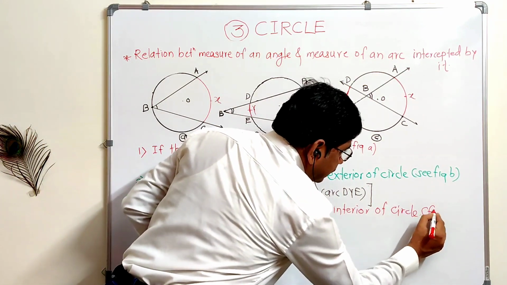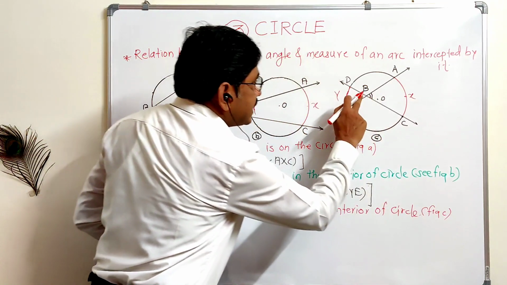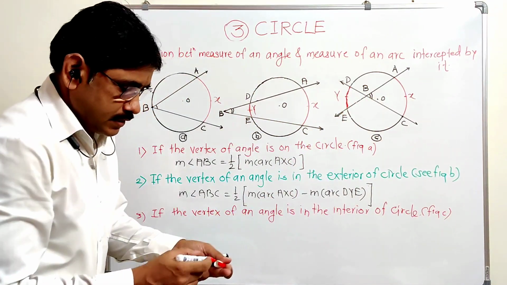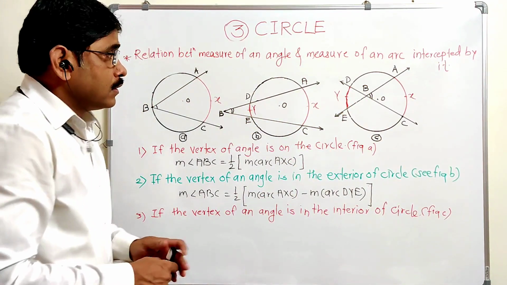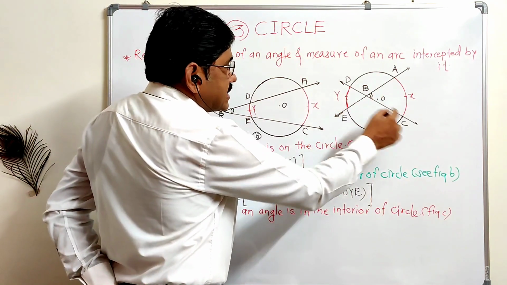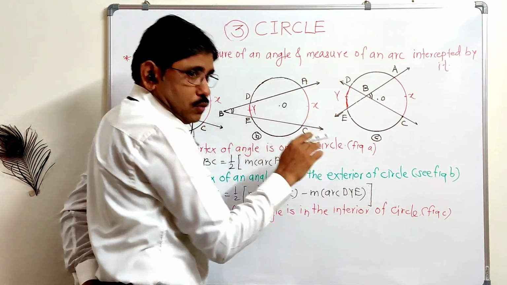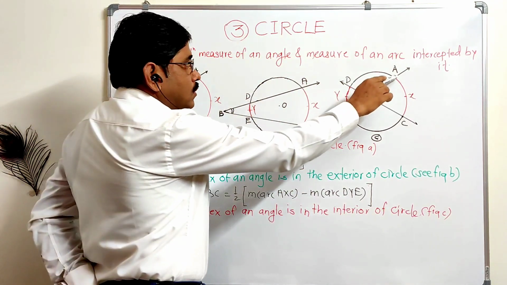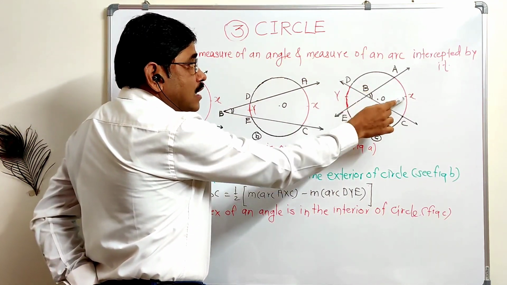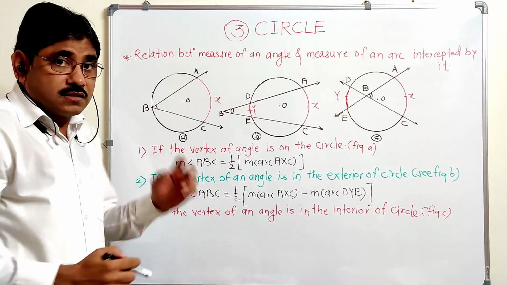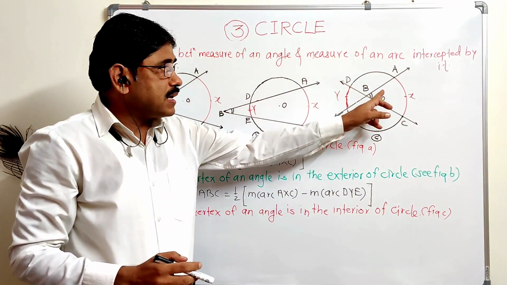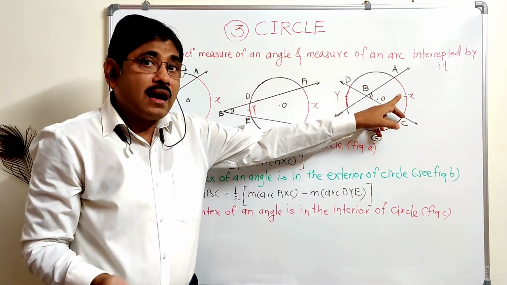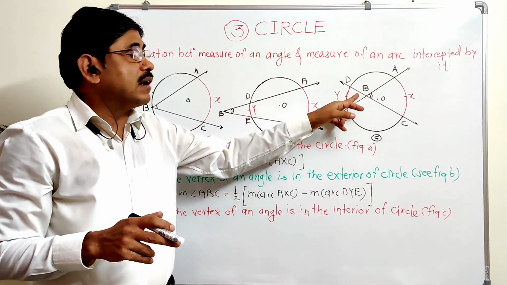Figure C. Vertex B is in the interior. Then what is the relation? The measure of angle ABC is equal to half into bracket sum of the arcs. Sum of the arcs intercepted by angle ABC and its vertically opposite angle.